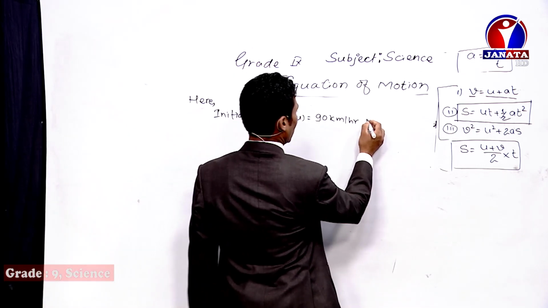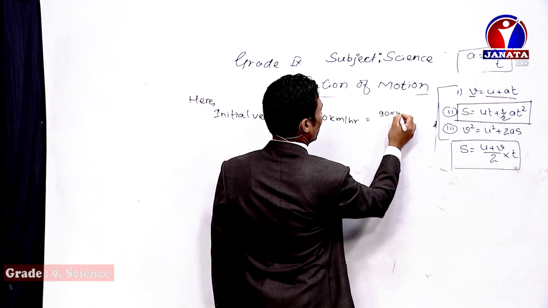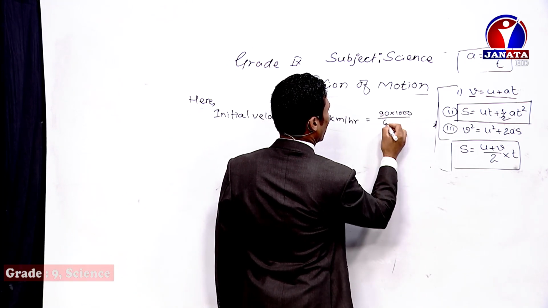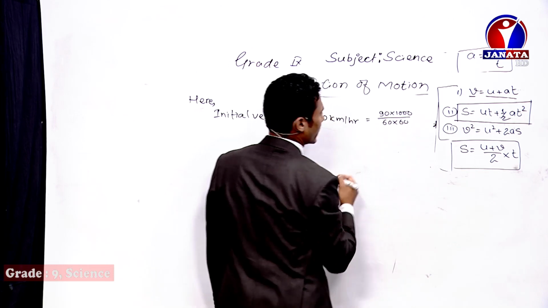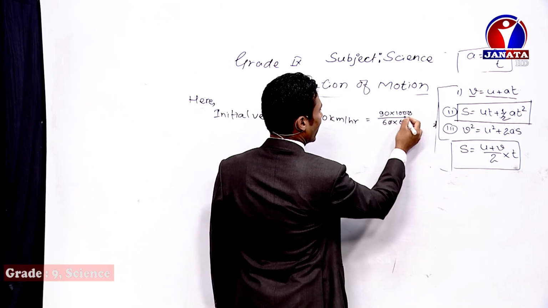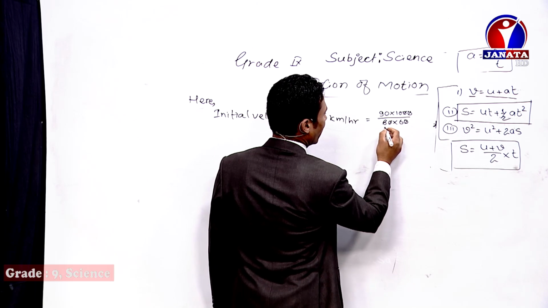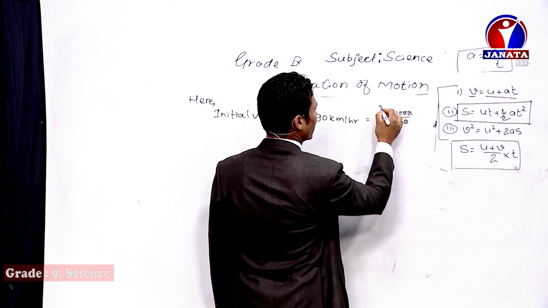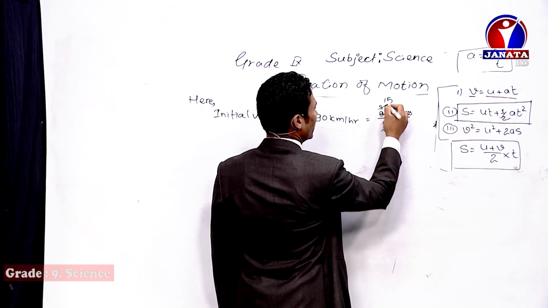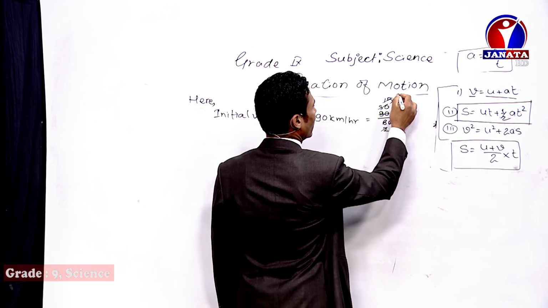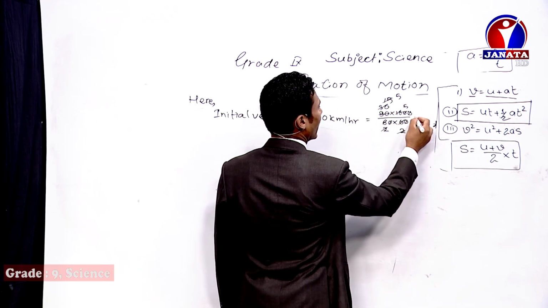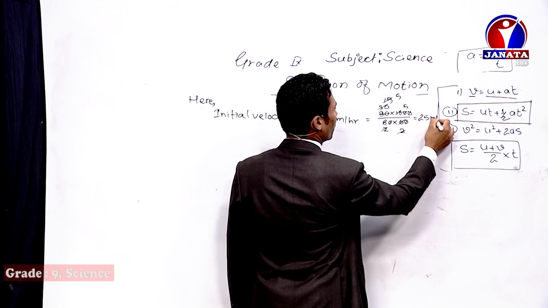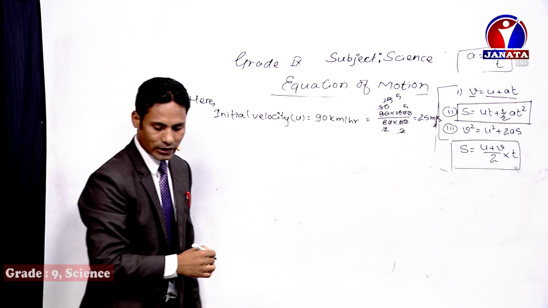How to convert this? It is 90 multiplied by 1000 divided by 60 into 60. If you simplify this, it gives 25 meter per second. Initial velocity is this one.